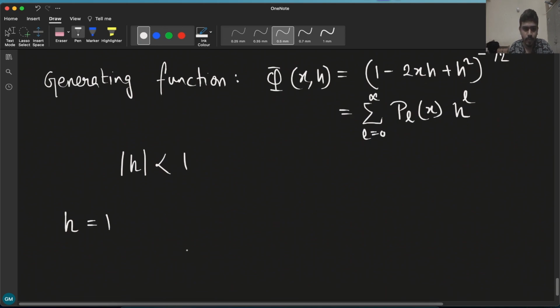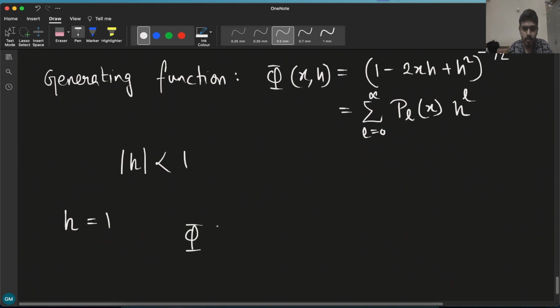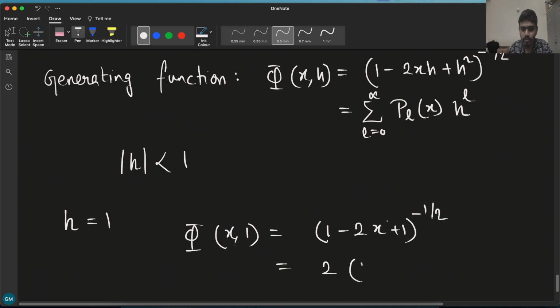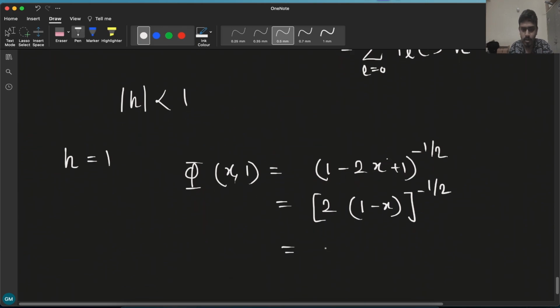In that case this phi of x and 1 will be 1 minus 2x plus 1 to the power minus half, which is nothing but 2 times (1 minus x) whole to the power minus half, which is nothing but 1 over root of 2(1 minus x).